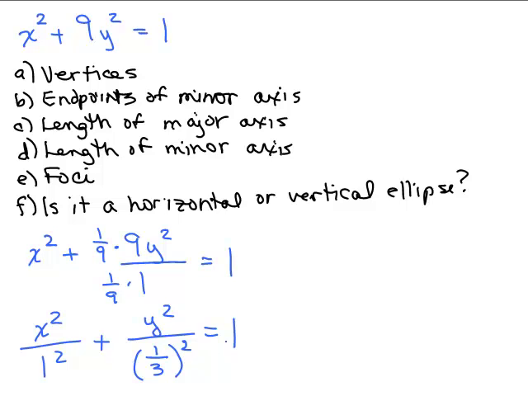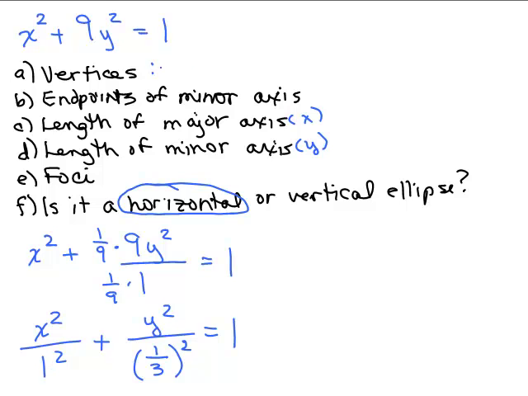is this a horizontal or vertical ellipse? Which number is bigger? Well, 1 is bigger than 1/3, or 1 is bigger than 1/9. Doesn't matter which way you look at it. So the x-axis is going to be the major axis, so this is horizontal. So the major is the x-axis, by the way, and the minor one happens to be the y-axis. Okay, so the vertices are on the x-axis.